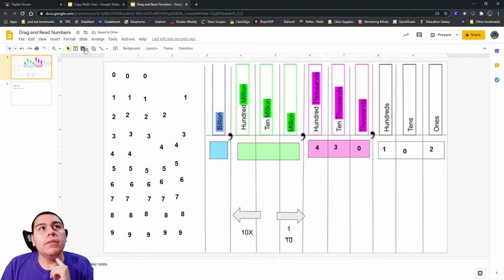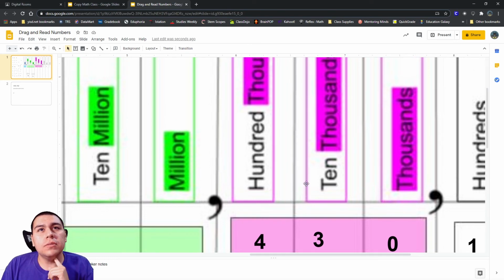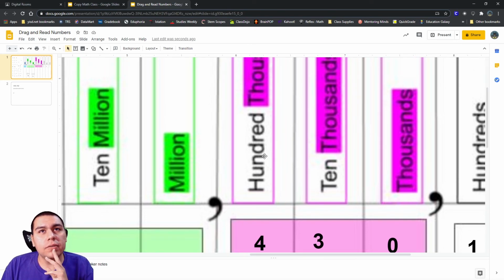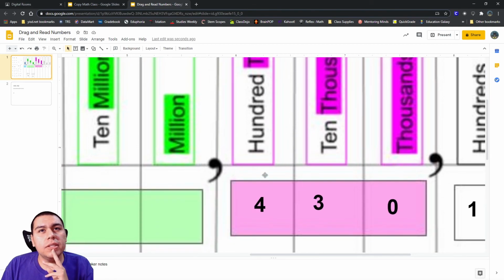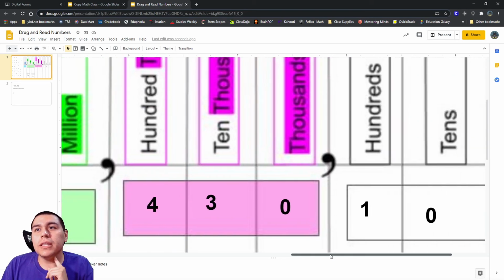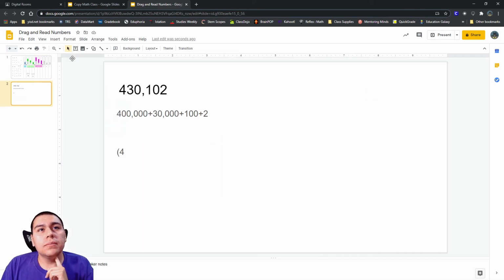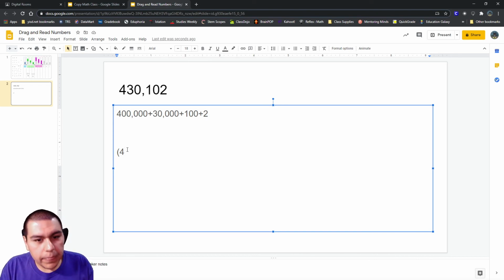But look at the place value that we had. It's not a 4 in the thousands place. It's a 4 in what place value, Violet? What place value is here in our 4s? 100,000s. So it's not in the hundreds place. It's in the 100,000s place. So it has to be 4 times 100,000. It's a very big 4.